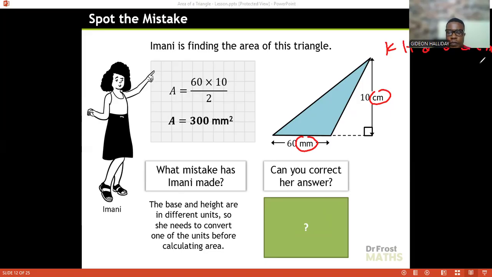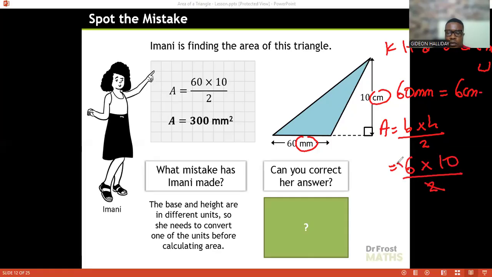To convert millimeters to centimeters, you divide by 10. So 60 millimeters equals 6 centimeters. Now we can do it. Base times height over 2. Base is 6, height is 10, over 2. This cancels to 3. 3 times 10 is 30 centimeters squared. That makes sense, right?